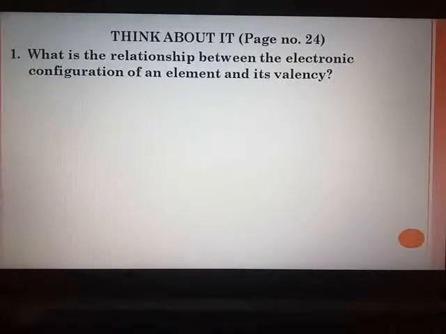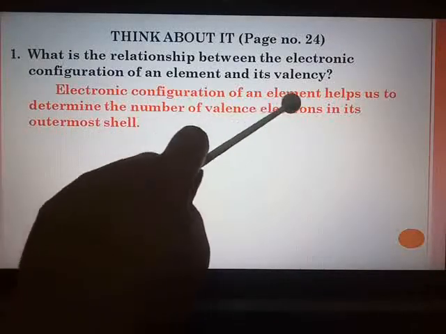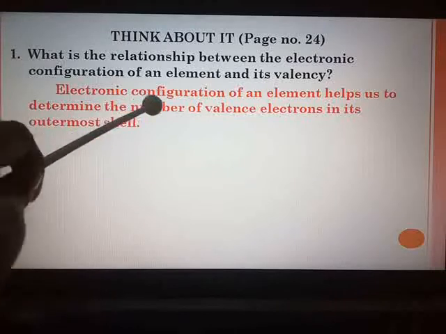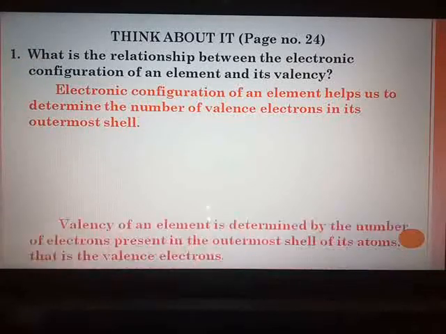From the electronic configuration, you come to know the number of valence electrons in the outermost shell, and from it you come to know how many electrons are going to be donated, shared or accepted, and then valency will be determined. So your first statement should be, electronic configuration of an element helps us to determine the number of valence electrons in its outermost shell.